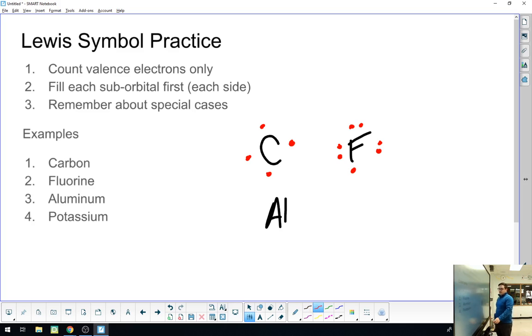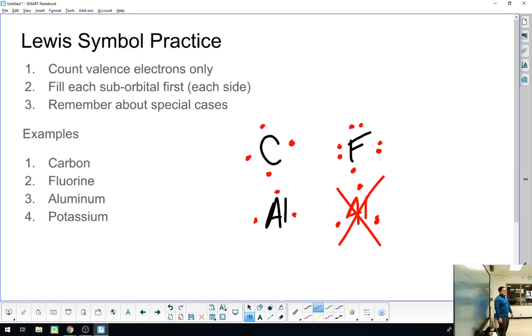When you are drawing your Lewis structures, the only thing you really need to consider is what the valence electrons are doing. So 1, 2, and 3. All right, 1 on each side. Here's an example of a bad Lewis diagram: 1, 2, and 3.